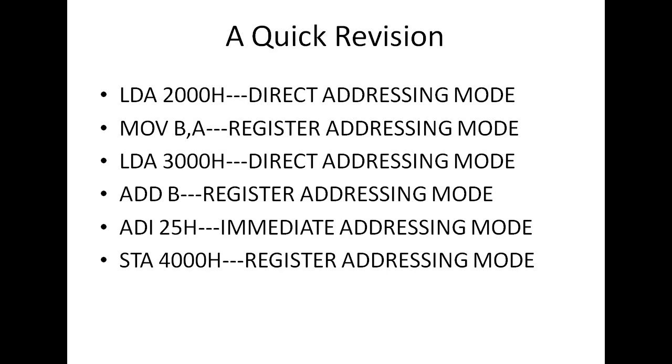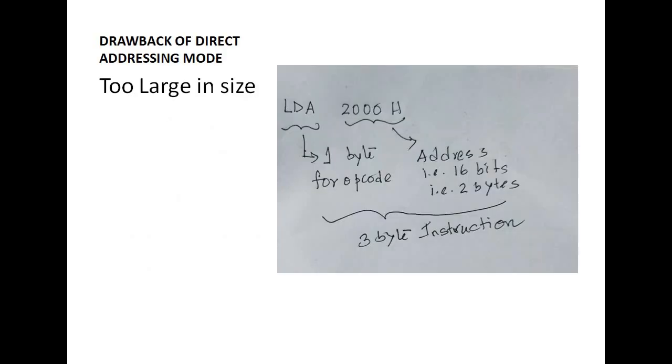So what is the drawback? Can you tell? What is the drawback of this direct addressing mode? It is too large in size. Why? Because it will always use a memory location. A memory location will always be given in the instruction.